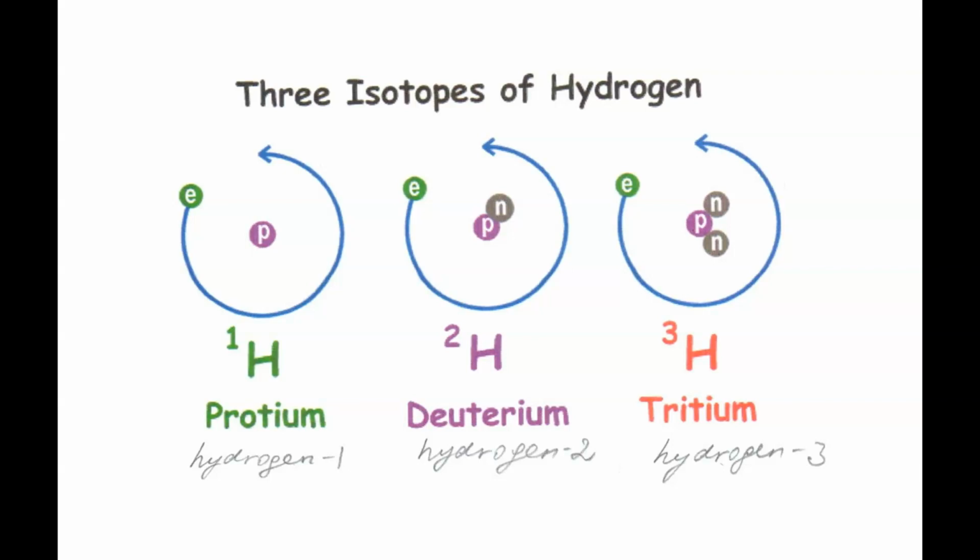For example, hydrogen 1 and hydrogen 2 are regular isotopes of hydrogen, but tritium, or hydrogen 3, is a radioactive isotope because when it decays, it emits radioactive energy. So some isotopes are radioactive isotopes because when they decay, they emit radioactive energy.